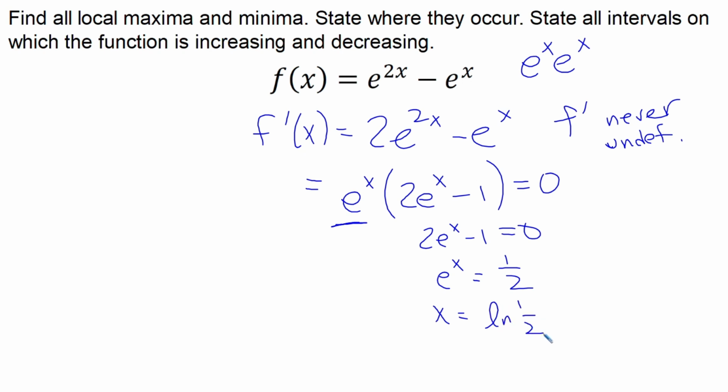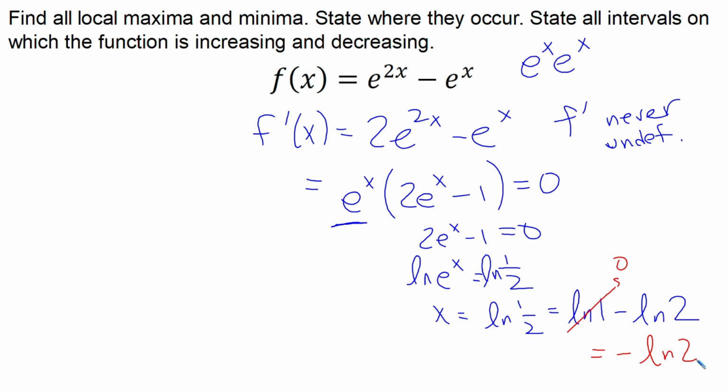Because if I take the natural log of both sides of this, the natural log of e to the x is just x, and then the natural log of 1/2 is the natural log of 1/2. And usually I'll rewrite natural log of 1/2. There's a couple ways to think about how to rewrite it, but if you think about it as natural log of 1 minus natural log of 2, well, the natural log of 1 is just 0. So that's negative natural log of 2. So it looks like we just have one singular critical value here, negative ln of 2.